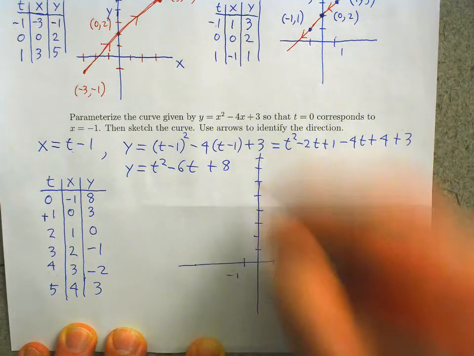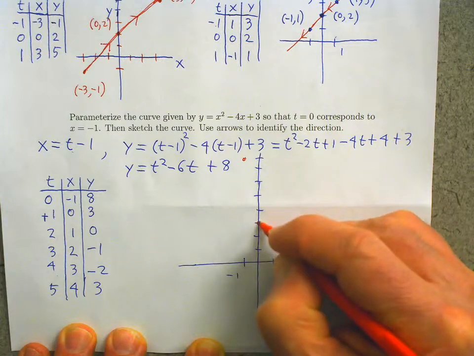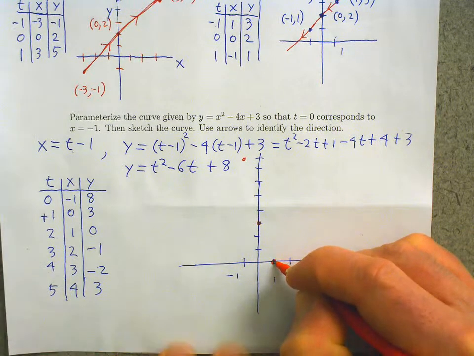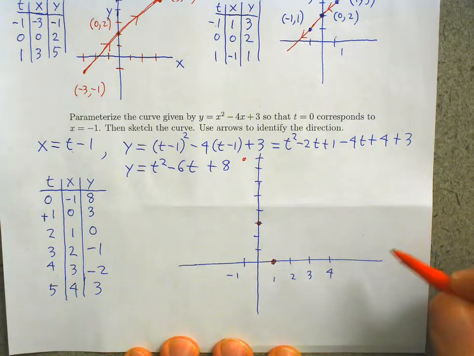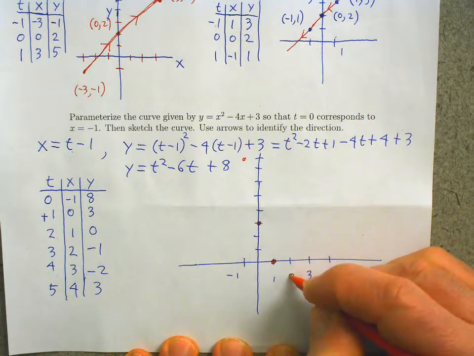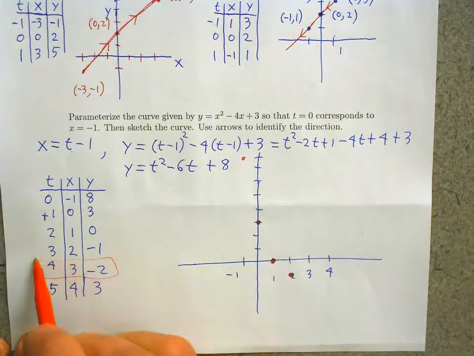So negative 1, 8; 0, 3; 1, 0; 2, negative 1. Yeah, there's something wrong with this one. What am I doing wrong?